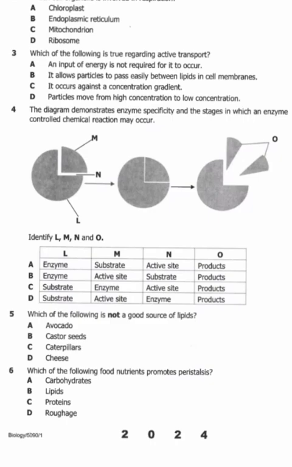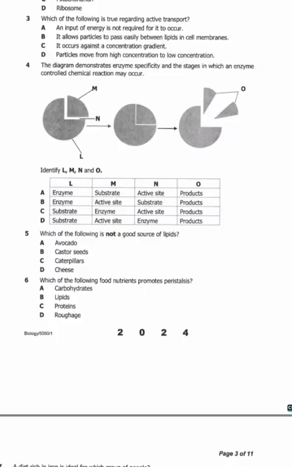When it comes to biology paper 2, section A, they can ask you the same question. From this question they can ask you to name parts labeled M, N and L, and also O. M is called the substrate, N is called the active site, and L is called an enzyme.